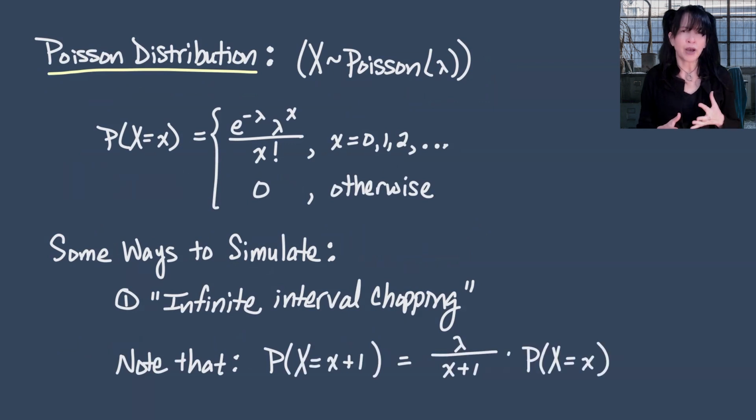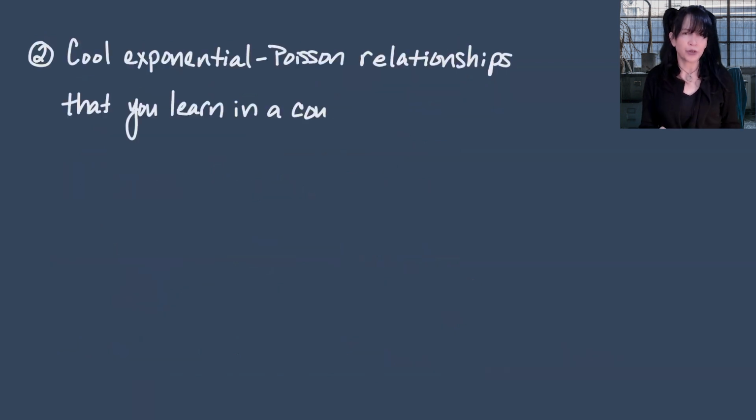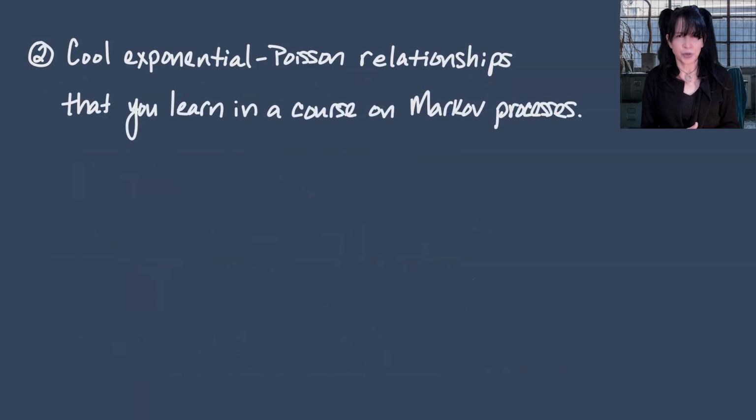Another result you might use: we talked about the binomial distribution's relationship to the geometric, which is one of the lesser known relationships because the binomial distribution is related to everything. But the Poisson distribution has a cool relationship with the exponential distribution, which is a continuous distribution. To show this relationship, you really should take a course on Markov processes.